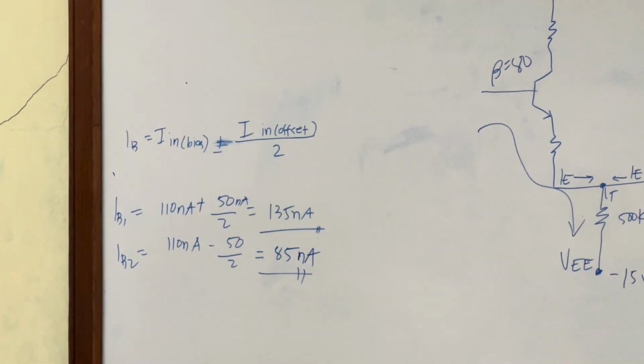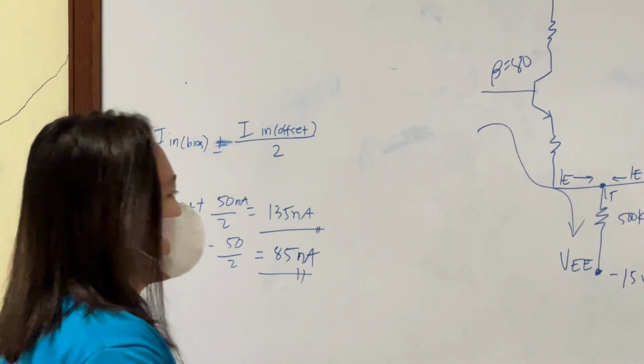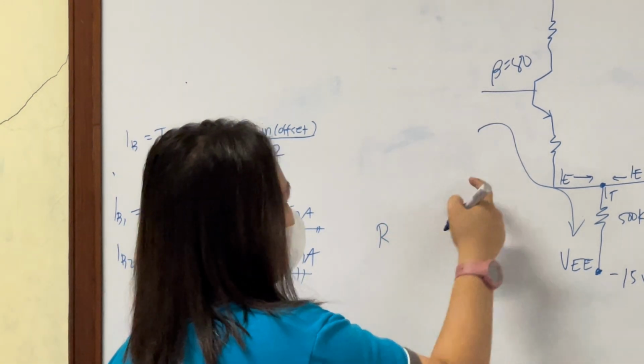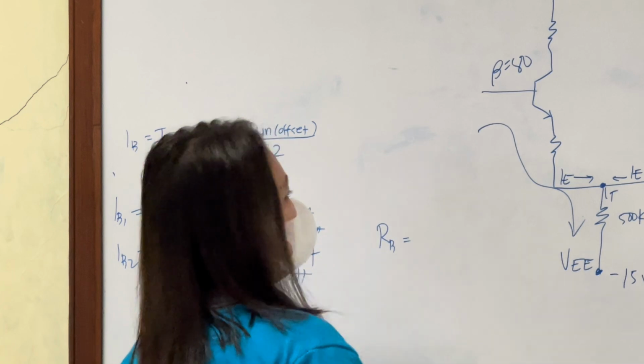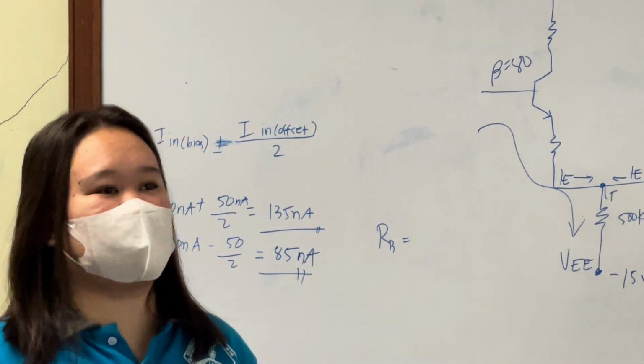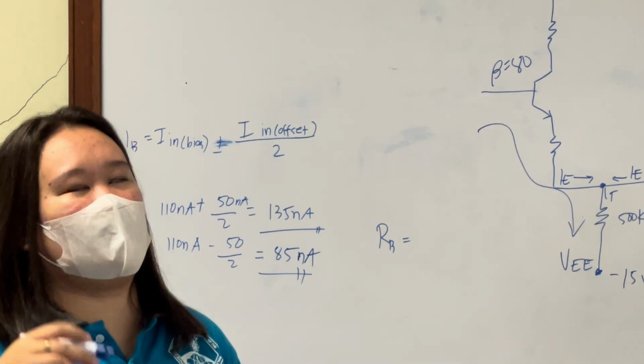Now, base resistance or input resistance RB. So, for example, given si input offset current o si input offset voltage.